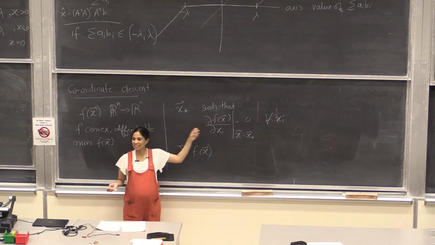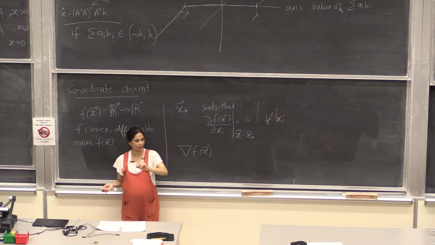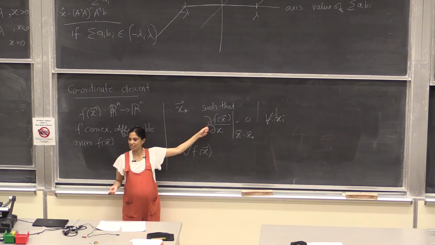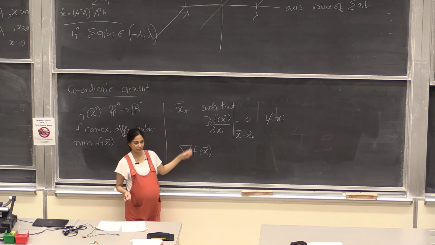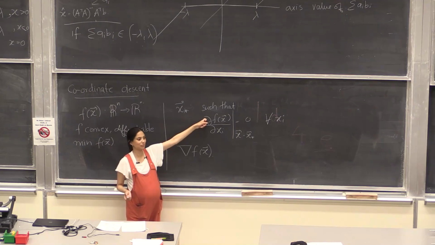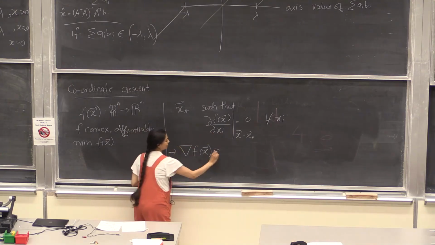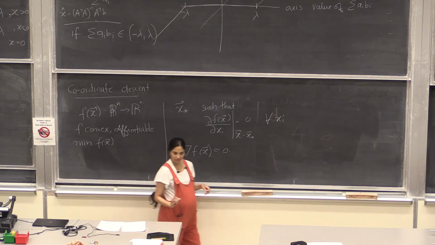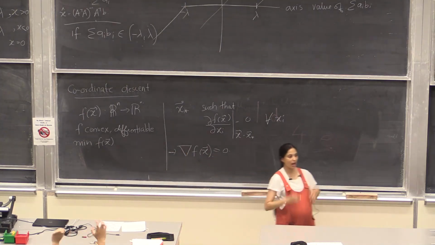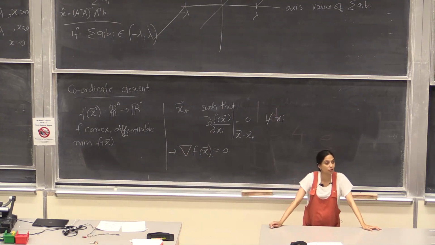Now, if every single entry of my gradient is 0, by saying that I'm minimizing in each coordinate, what are the entries of this? The first entry is the partial with respect to x1, the second entry is the partial with respect to x2, and so forth. So this implies that the gradient of f of x is 0, and therefore x star is actually a minimizer for the whole function, even though I started out by thinking it's a minimizer in the first coordinate, the second coordinate, and so on.